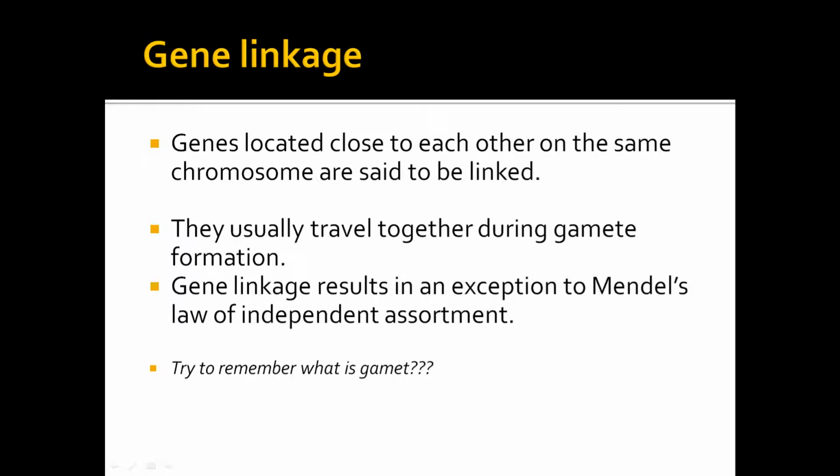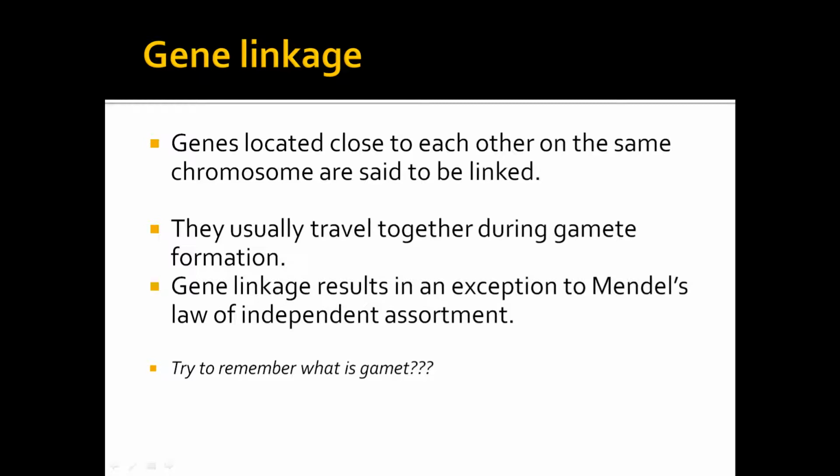Now, try to remember the picture from a previous lesson, the picture of the chromosome and a gene that I pointed out. Let us say it was the gene for eye color. If next to that one I draw another gene, for example for hair color or skin color, we can say that those genes located close to each other on the same chromosome are linked, and they usually travel together during gamete formation.